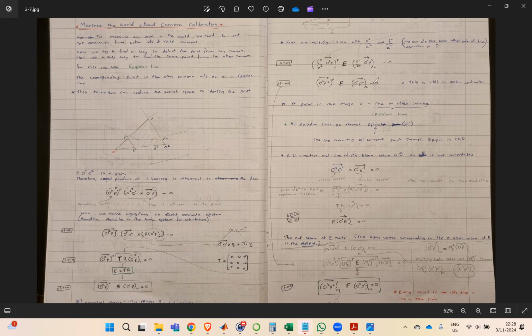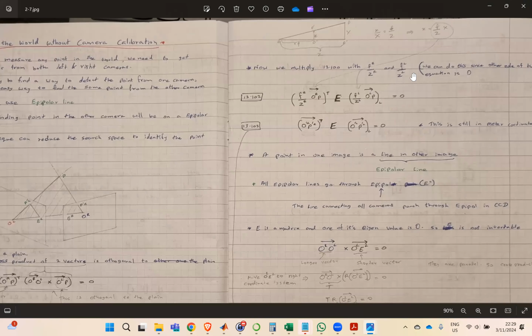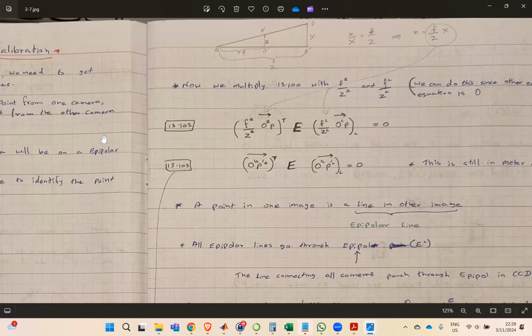Can I do it or not? I'm just multiplying. I can multiply, right? Because the other side is 0. I need yes or no. Nima, is it clear? Yes, it's clear. This is a general discussion, guys, so you should also participate.